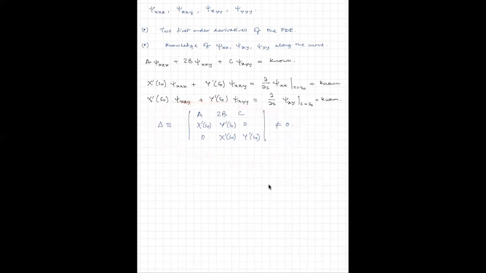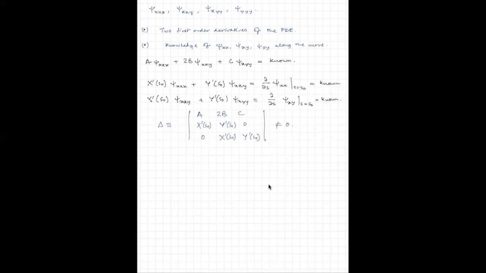Okay. So we have been able to show that we would be able to find a solution to this second order equation by just looking at this. So these are the ways that you would be able to solve it.